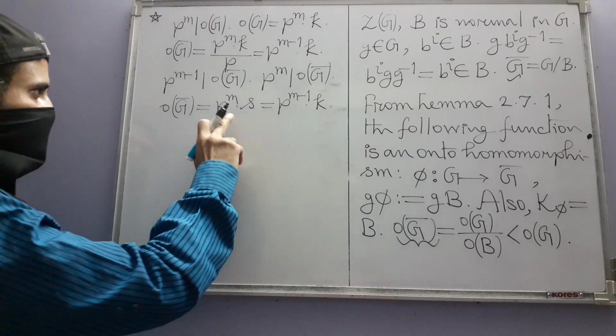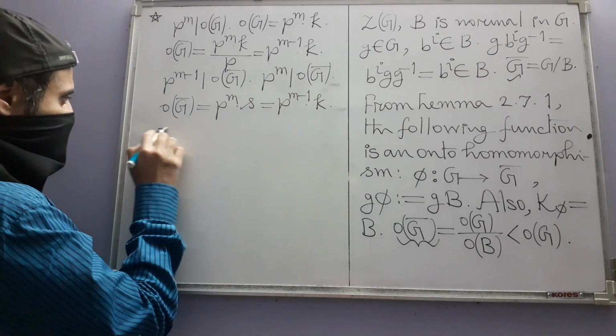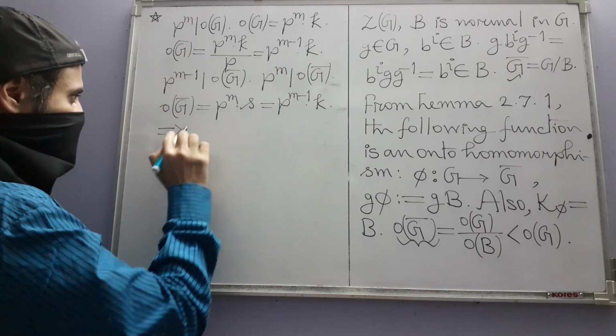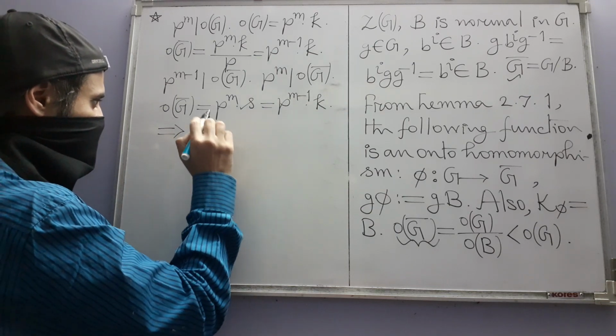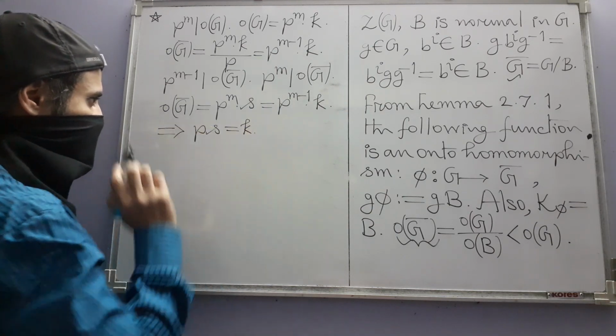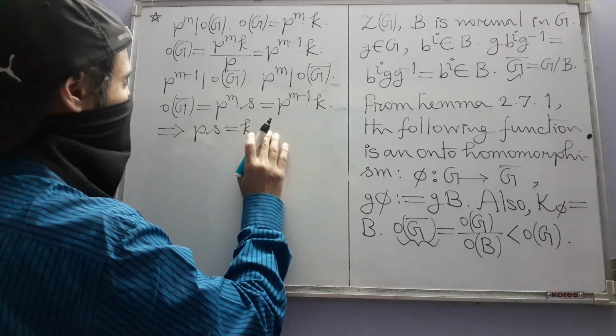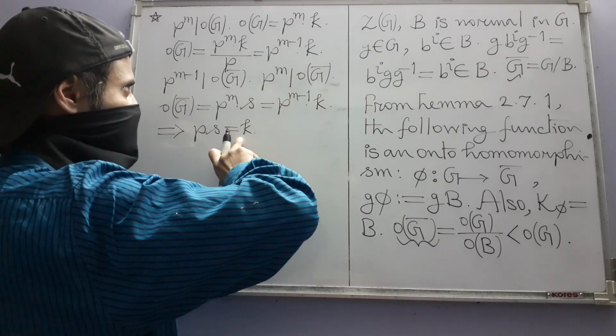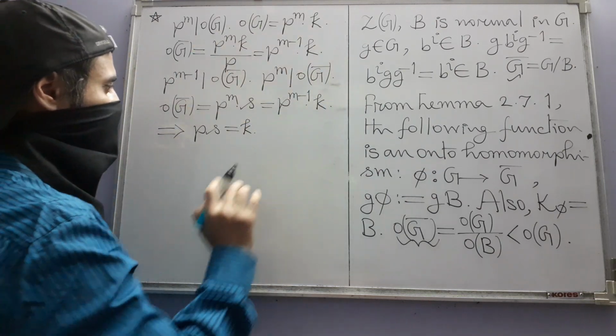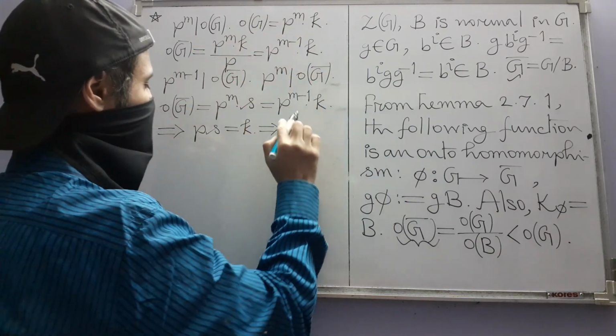Okay. So from this you can immediately see that there is a cancellation and we will have Ps equal to k. Now if you use this back here, then that is going to imply what?